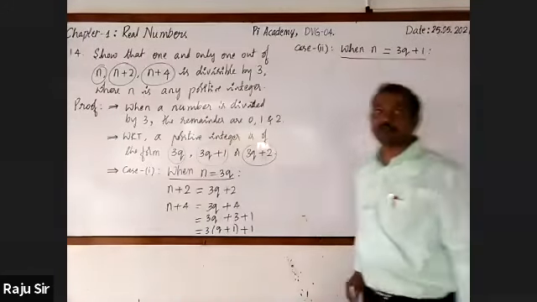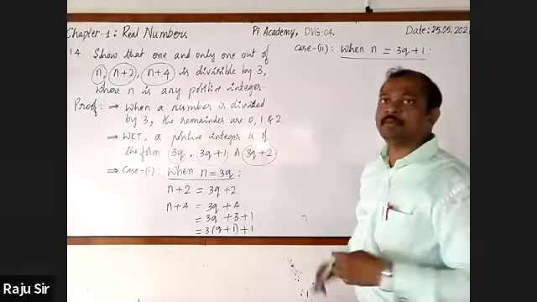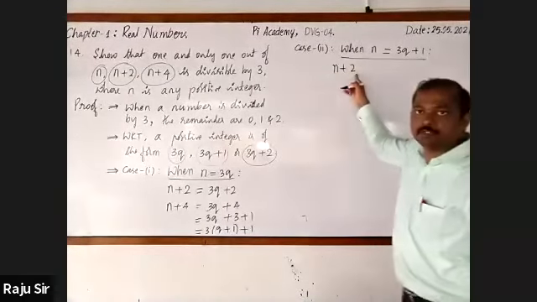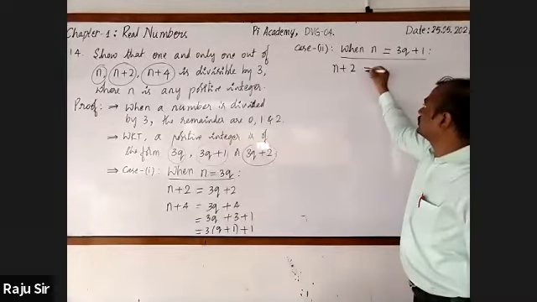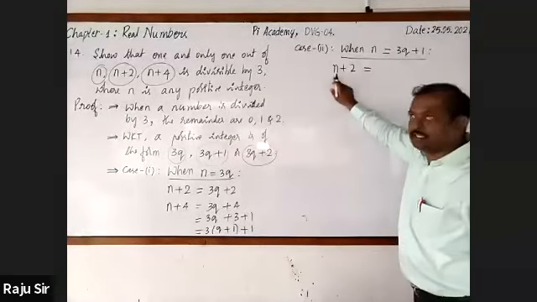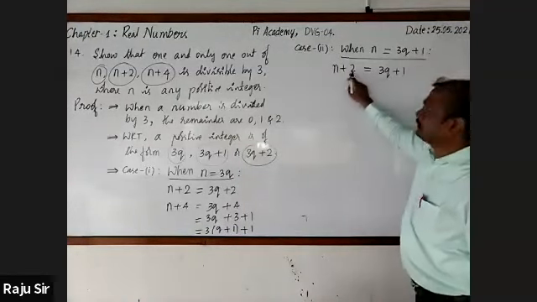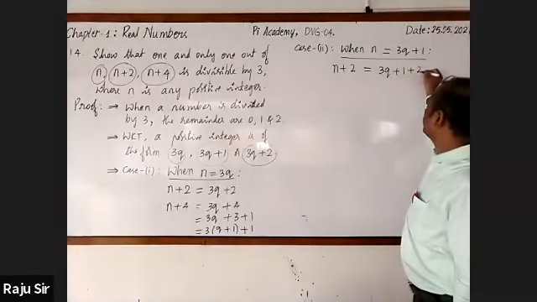Underline. The next two numbers are n plus 2 and n plus 4. n plus 2, where n is 3q plus 1, plus 2.